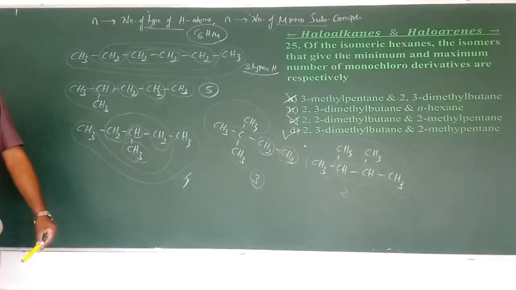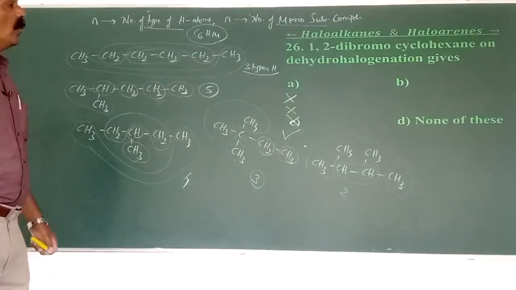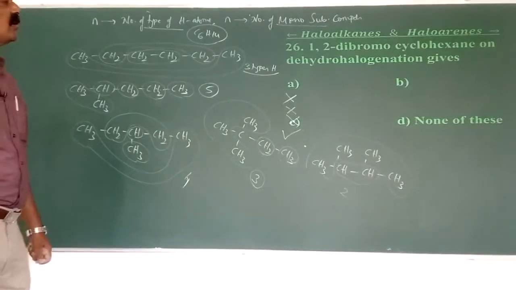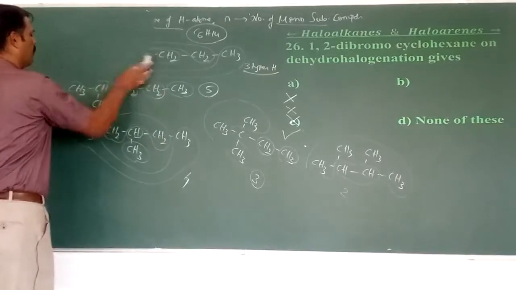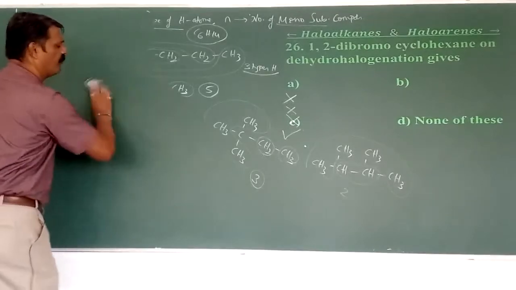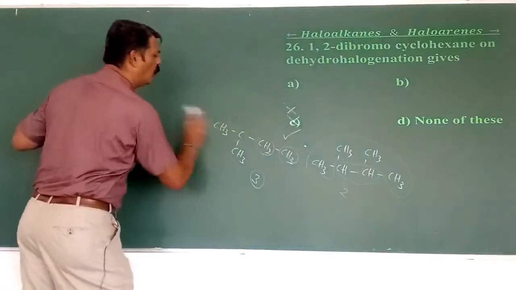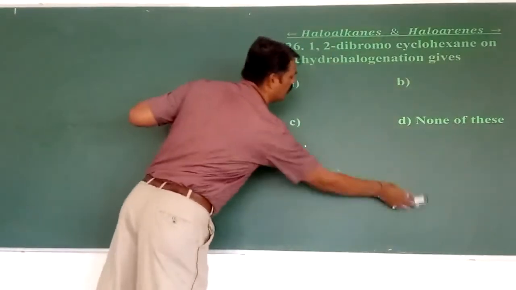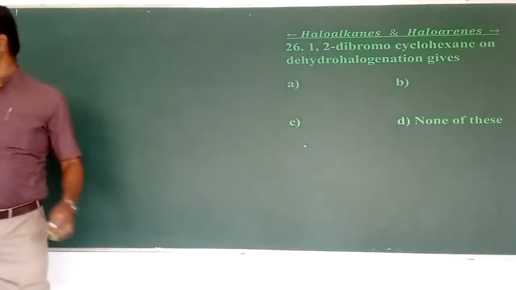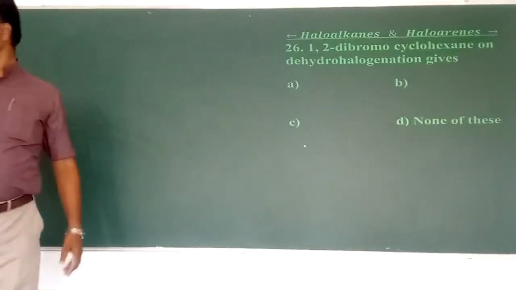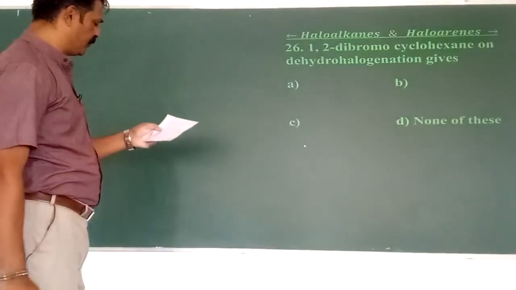Let's have the 26th here. 1,2-dibromocyclohexane on dehydrohalogenation gives what? The options are not printed here, so first we will write them.